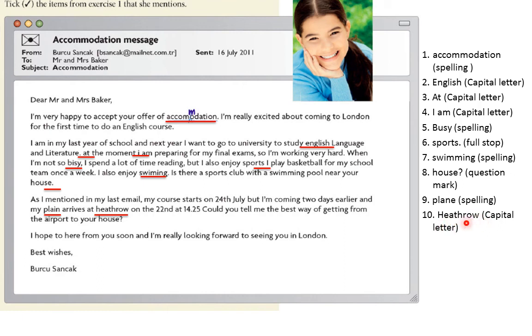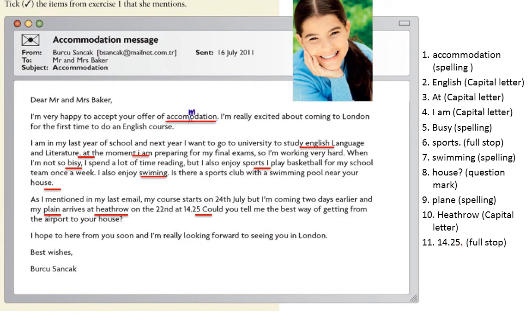This is the right Heathrow. The third mistake is the end of the sentence. There is no full stop, so we should write a full stop at the end of this sentence.